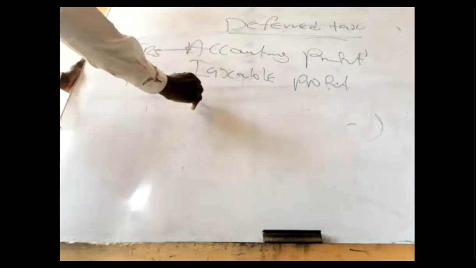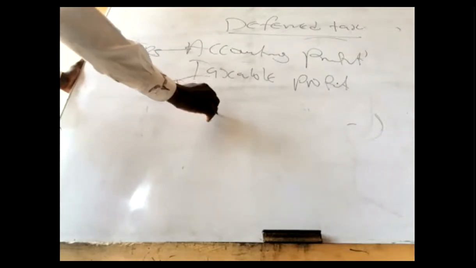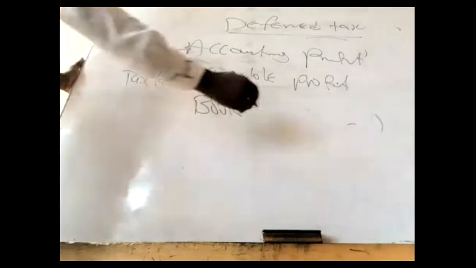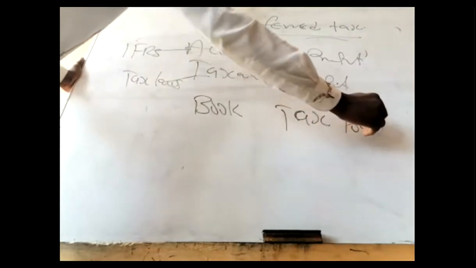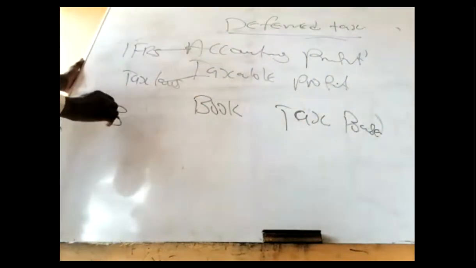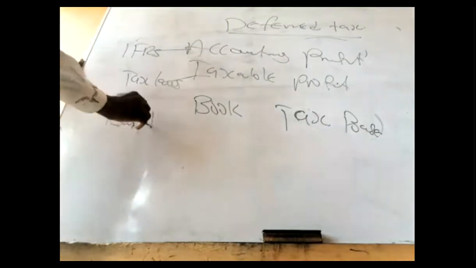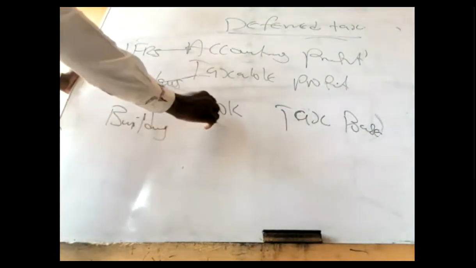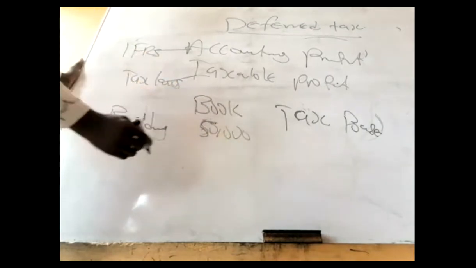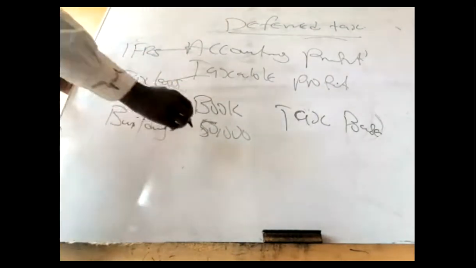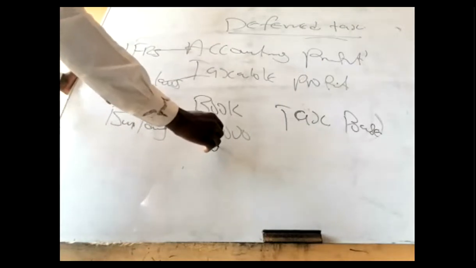So let's assume that is the company book value, and it's the tax authority, we call it tax base. So there's a building here. The cost is, let's say, 50,000. And we said that this building will last for, let's say, 100 years.